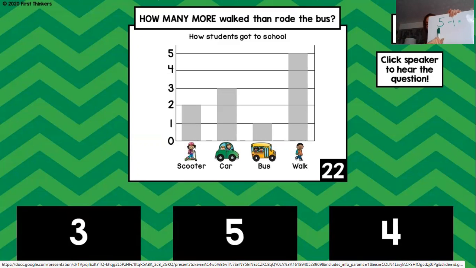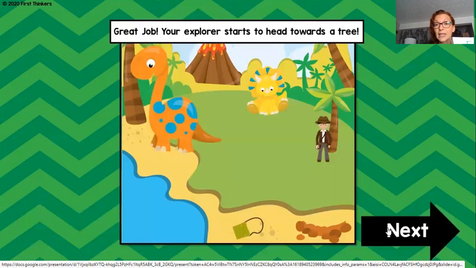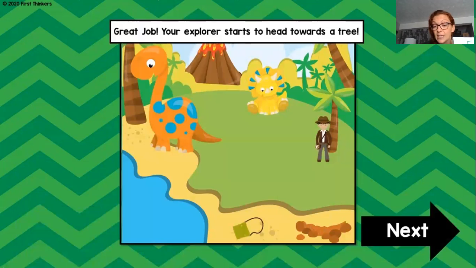So we have 5 walkers minus 1 bus rider equals how many? Yes, our 4. It's the same way. So no matter which way you do it, you're going to get the same answer. Great job. Your explorer starts to head towards a tree.